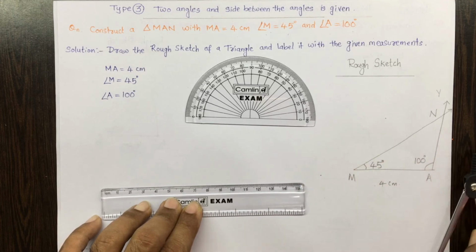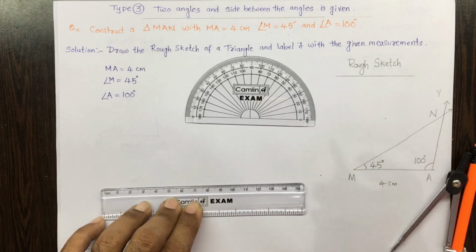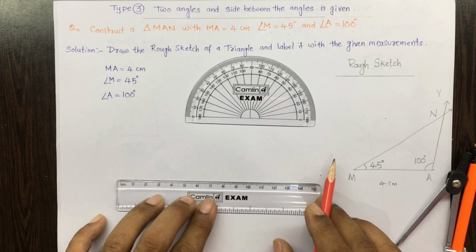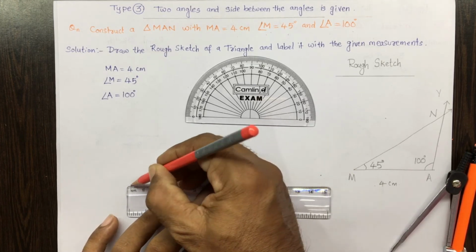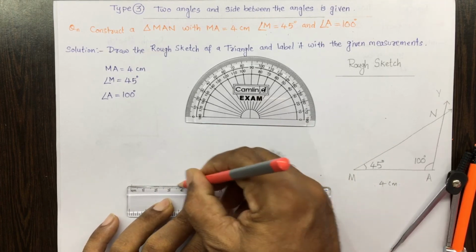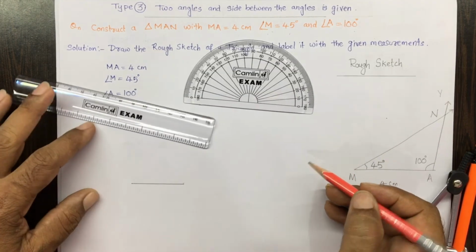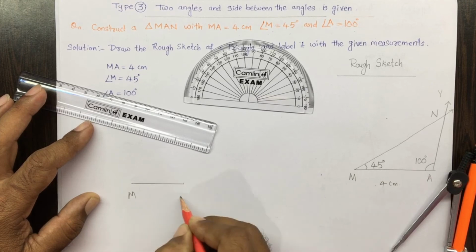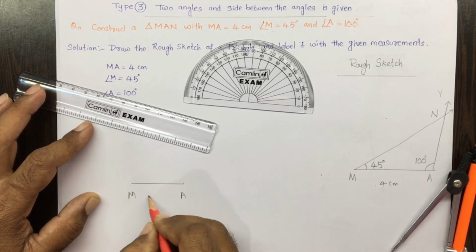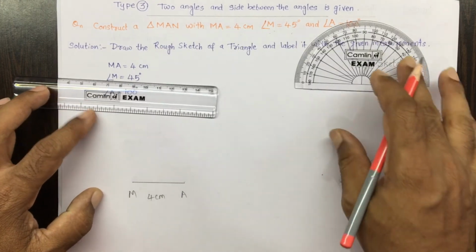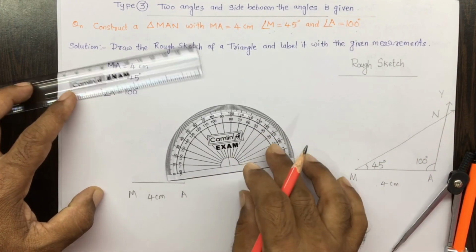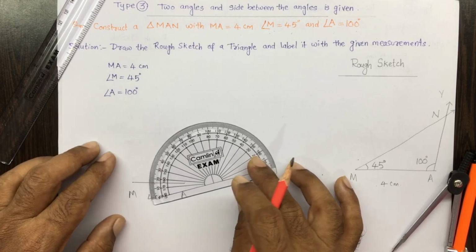So, let us draw in fair. Draw a 4 centimeter line segment MA. This is M and say this is A, 4 centimeter line segment. Now, we need to construct a triangle using the protractor.